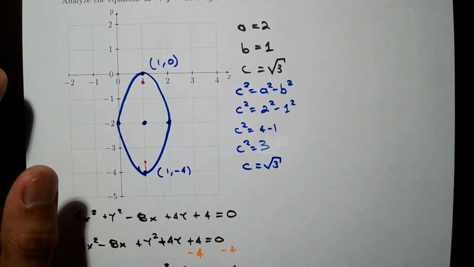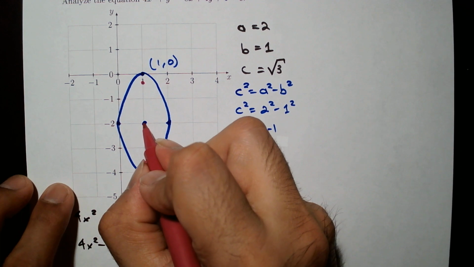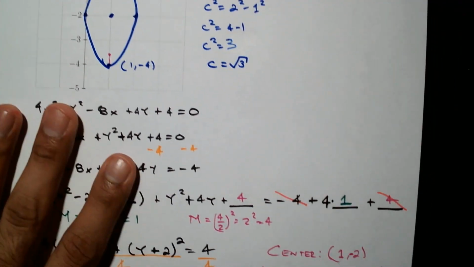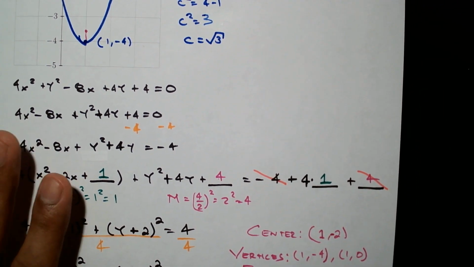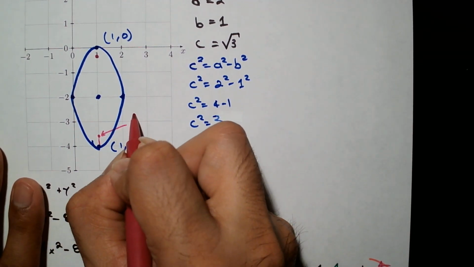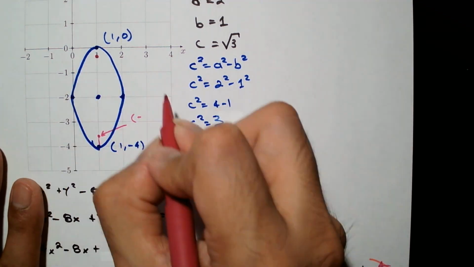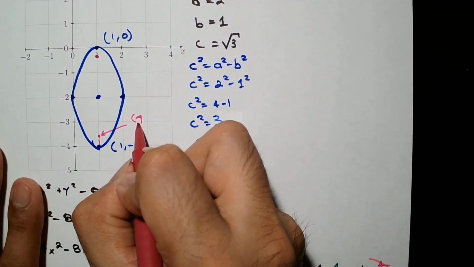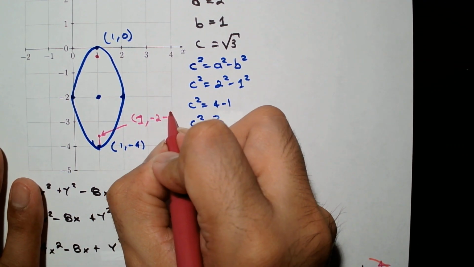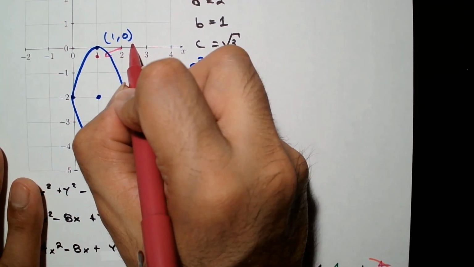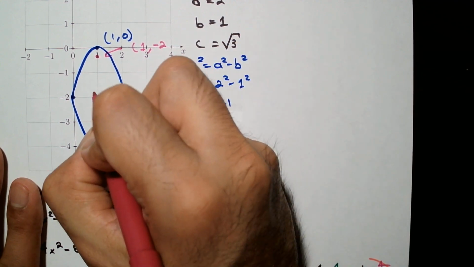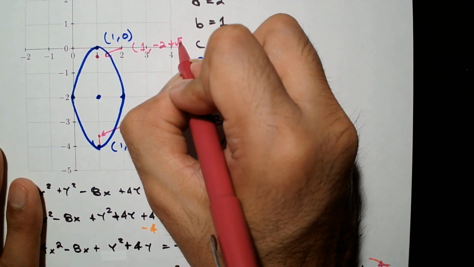Let me state them here first. 1, comma, negative 2 minus root of 3 and 1, negative 2 plus root of 3.